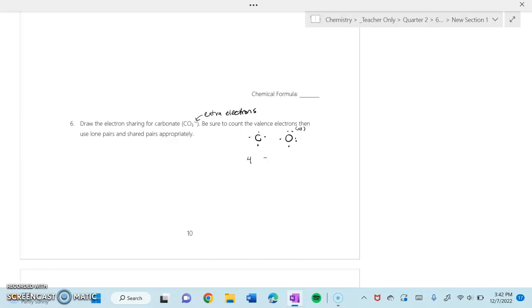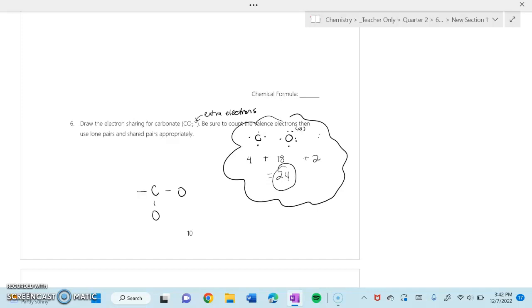So we have 4, and then we have 6, 3 times it's 18. And then we have the extra 2 electrons from that negative 2 charge. So our total count here is 24. This is just our work area. Okay, so 24 is what we need to have in our sharing when you draw your Lewis structure.